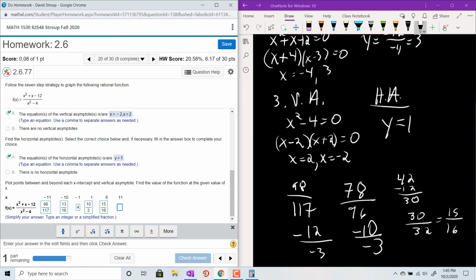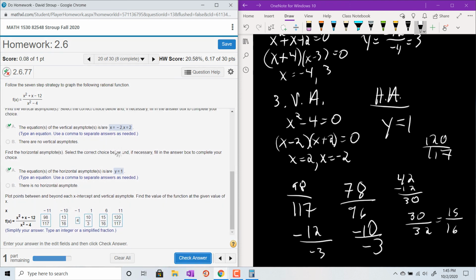121 plus 11 minus 12. And the top is 120. And then down below, 121 minus 4, 117. There's no way I could simplify that. 120 over 117. Oh, gosh.